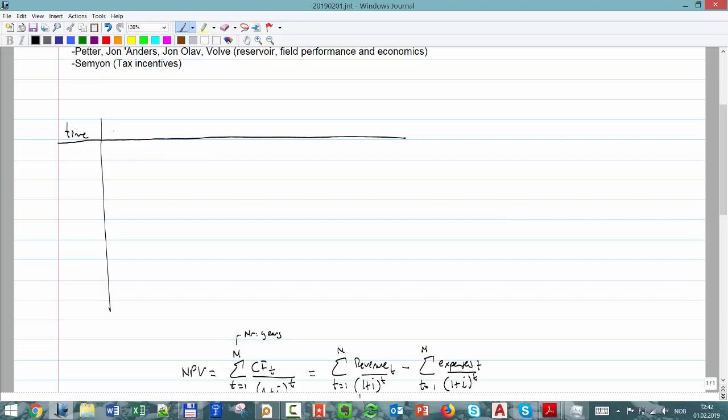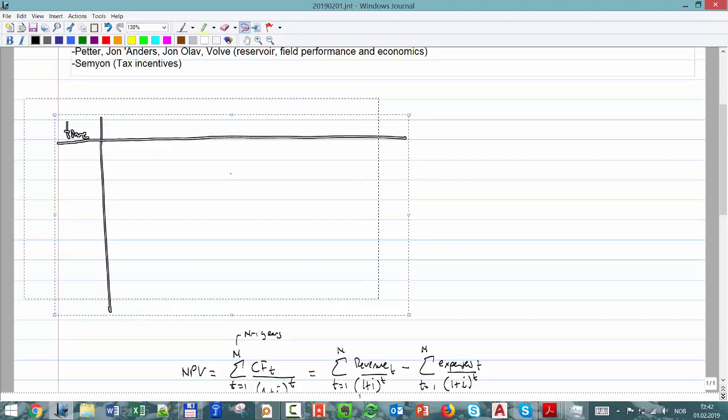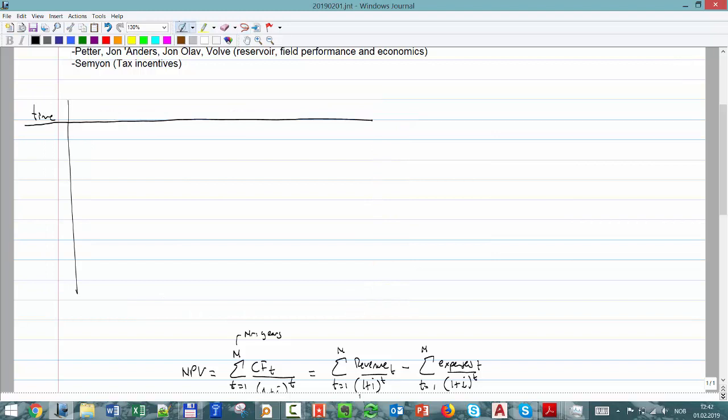But we have here, we said, I think we have to make it more to the left. So we had here CAPEX, DRILLEX, OPEX, and then we had here revenue, sales revenue.